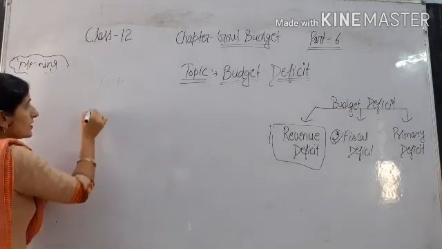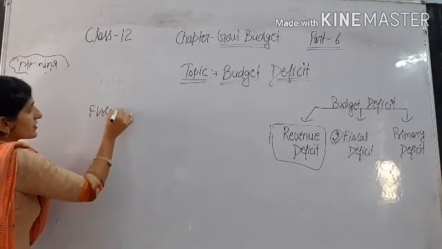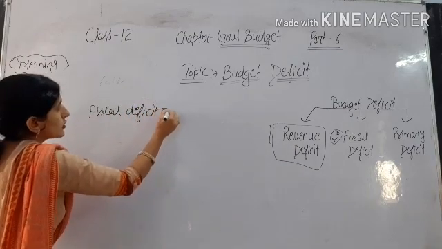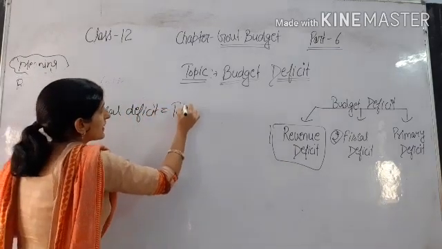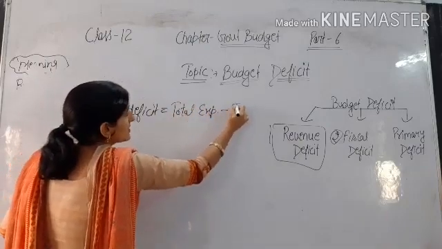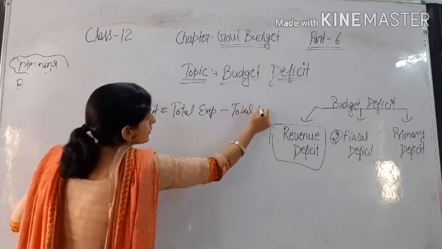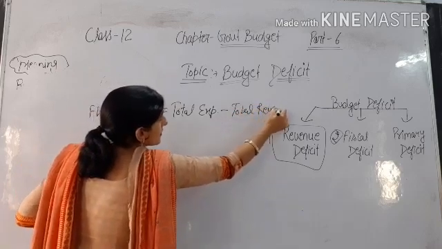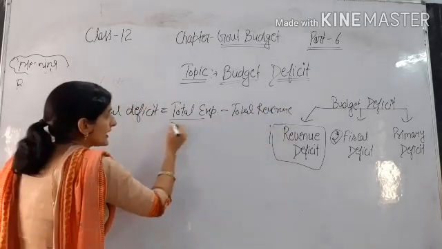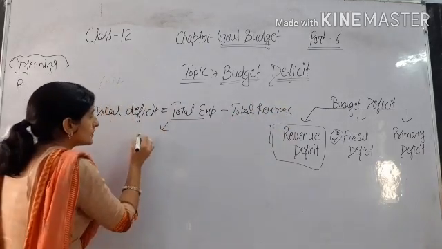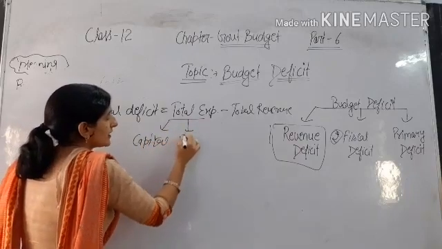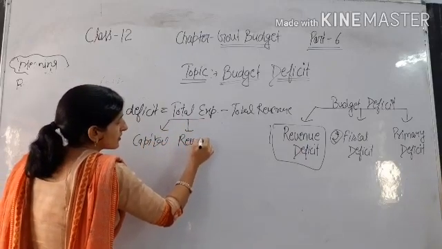So fiscal deficit is equal to total expenditure of the government minus total revenue or total receipts. In total expenditure we include both capital expenditure and revenue expenditure.